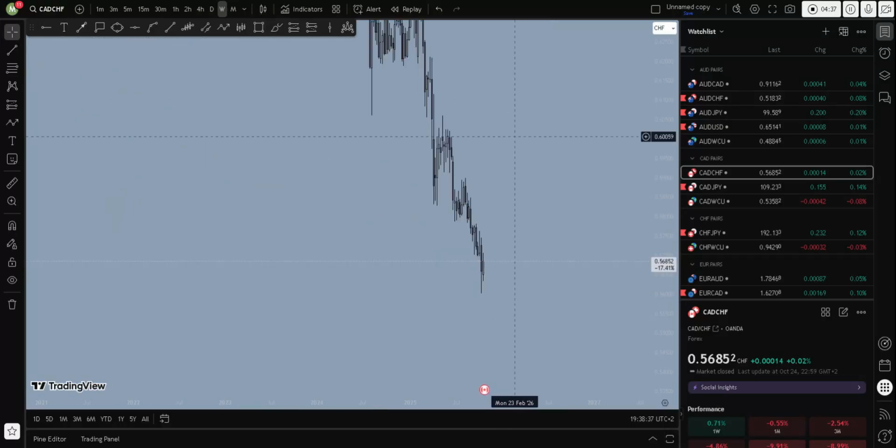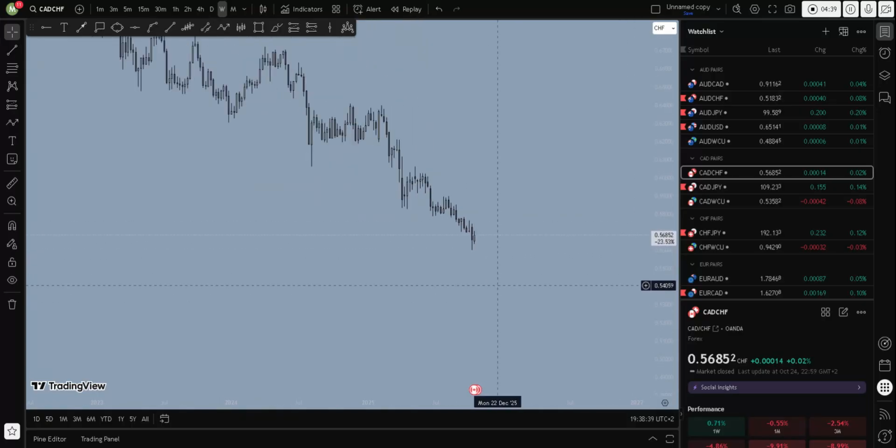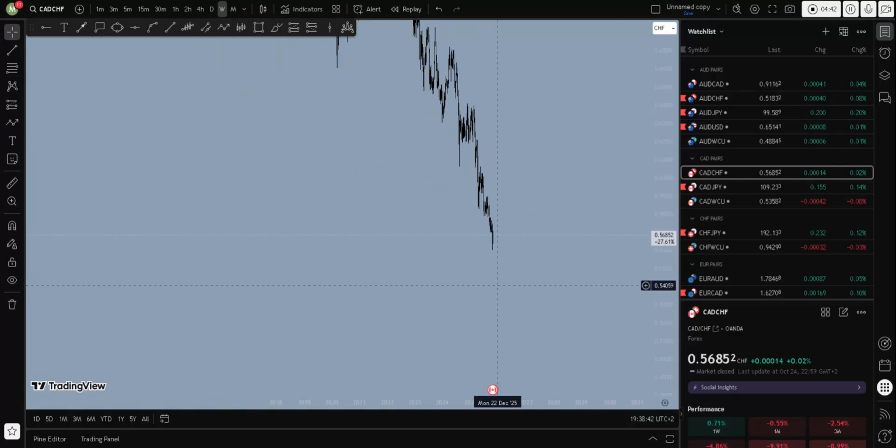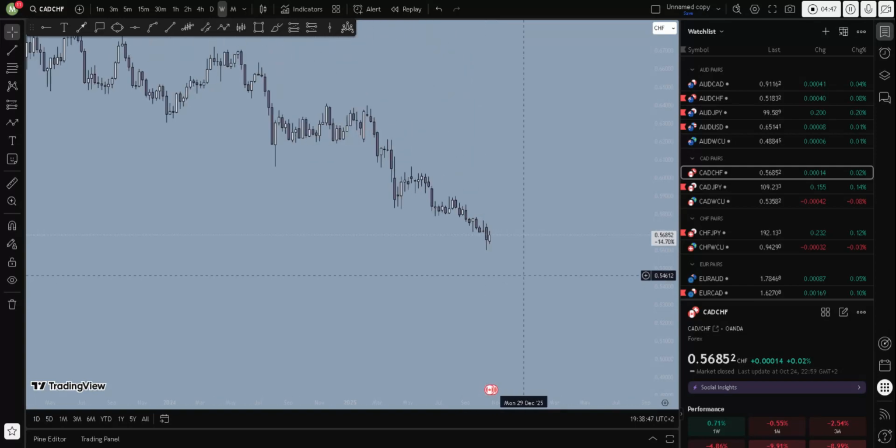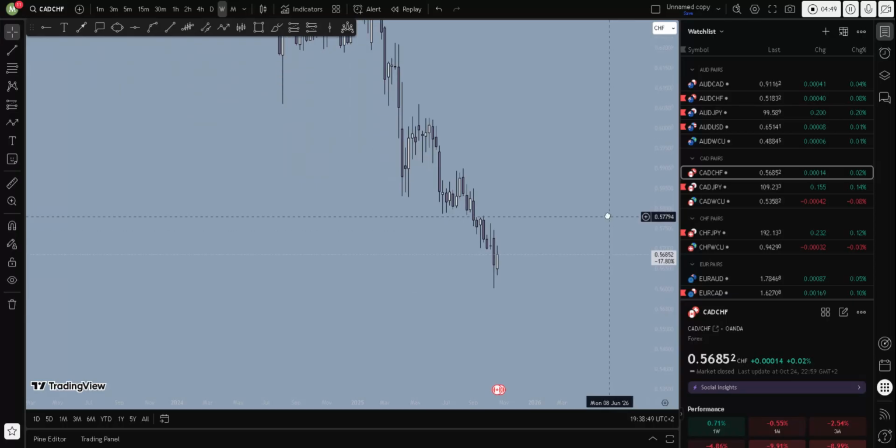Okay, CAD Swiss franc, extremely bearish. If I'm being honest, it looks a bit overextended, right?